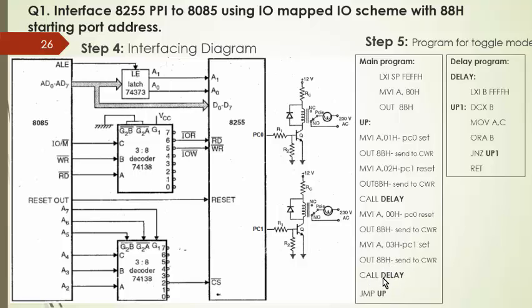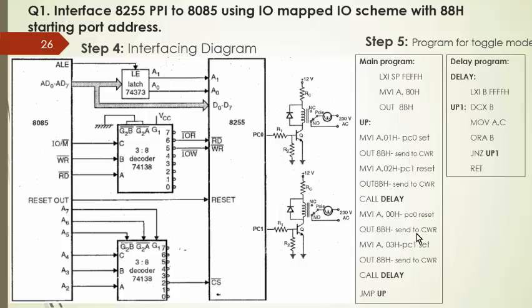Again use OUT 8B hex to send 00 hex to the command word register. The next is MVI A, 03 hex. Here we are going to set the PC1 pin. So take this 03 hex in the accumulator and send it to the command word register by using OUT 8B hex. And after this, again you have to call the same delay program, call delay.